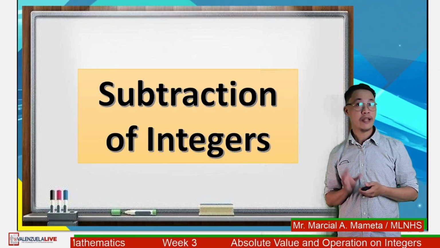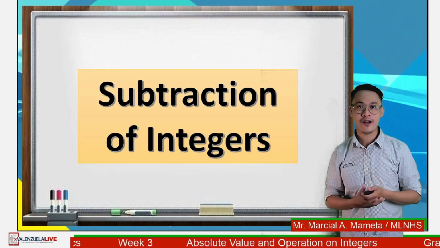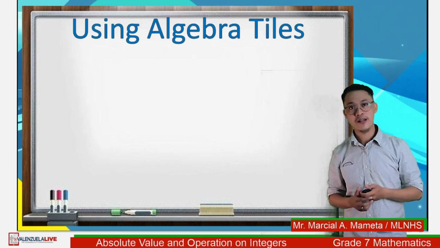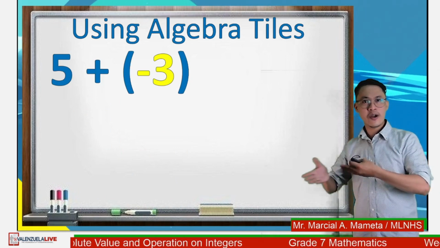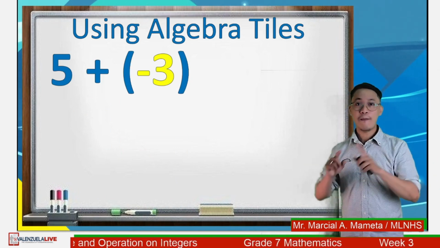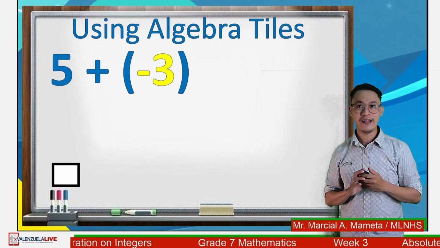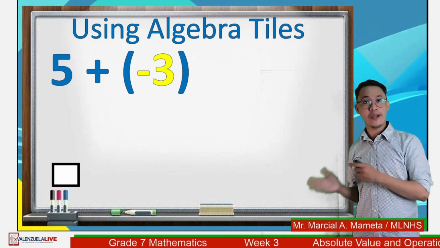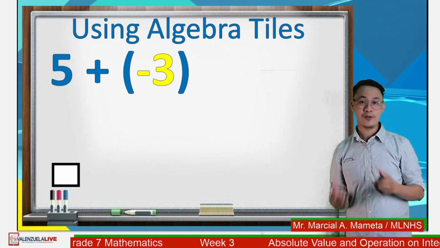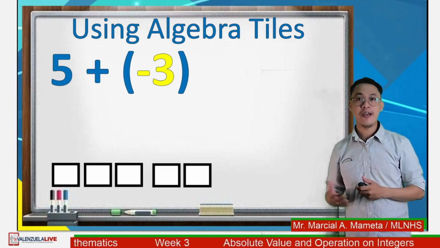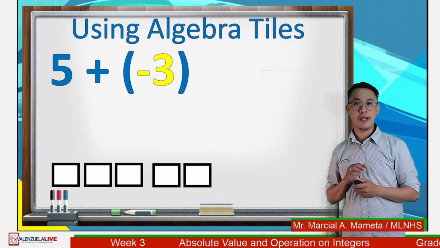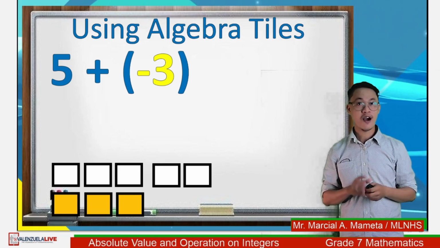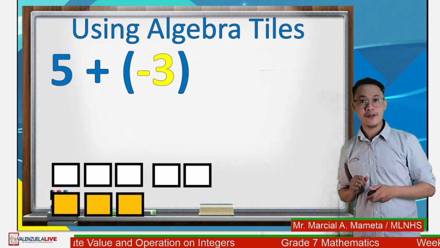Let's proceed to our next topic, which is the subtraction of integers. Again, using the algebra tiles. So let us try to compute this one. 5 plus negative 3. Again, positive numbers represent white tiles and negative numbers represent yellow tiles. So we need to have 5 white tiles for positive 5 and add 3 yellow tiles. So in this case, we have our 0 pairs.